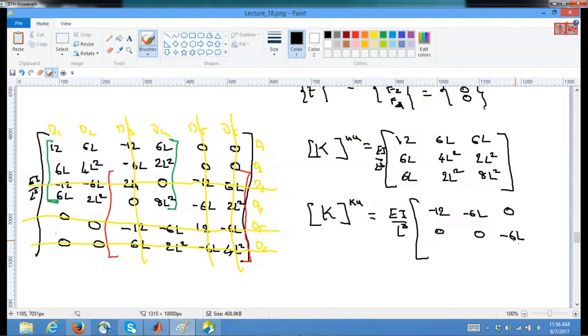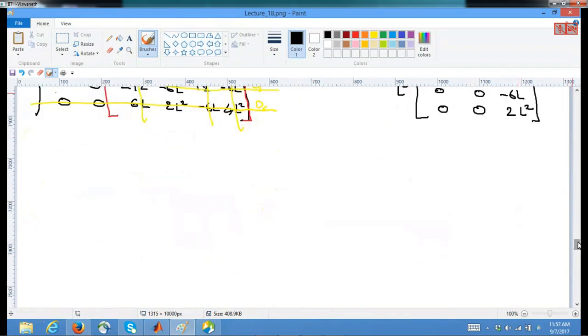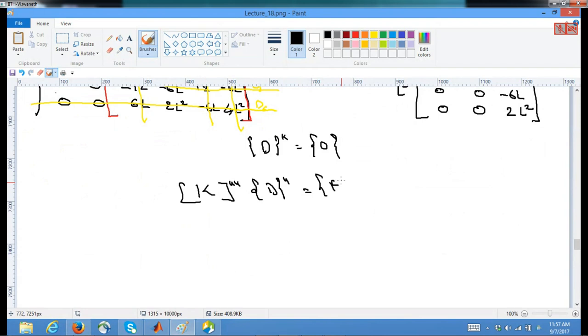Now since you know KUU, again since our D knowns are all zeros, we can write KUU into DU is equal to FU, or DU is equal to KUU inverse of FU.